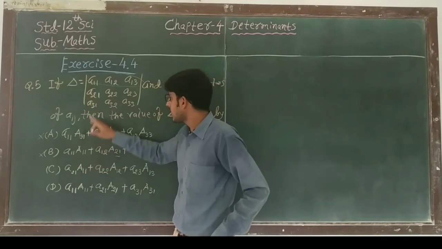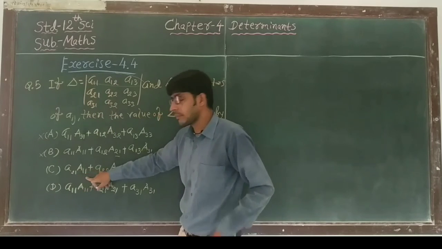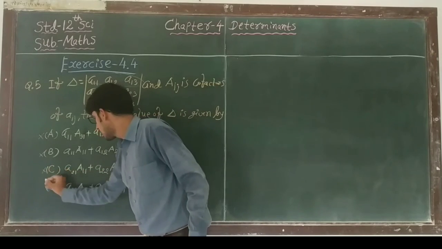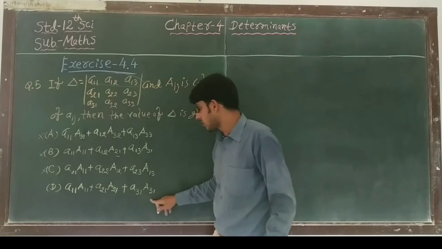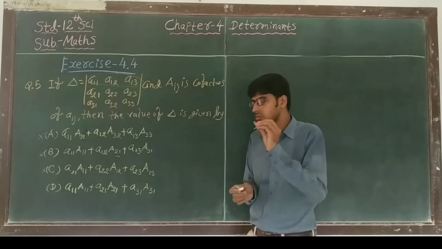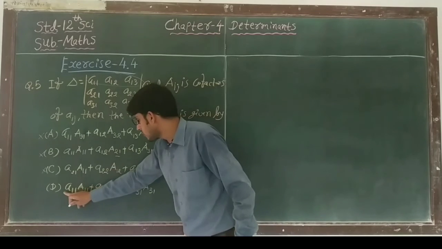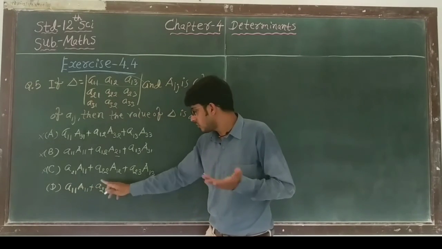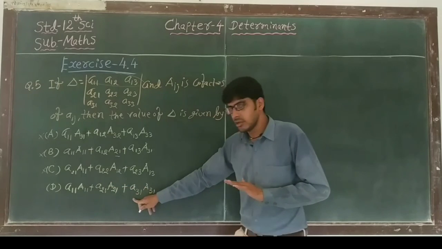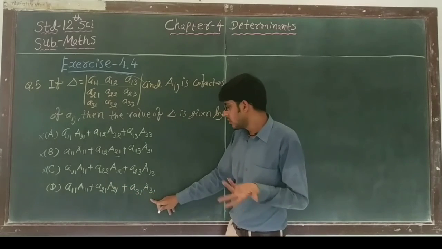Next, suppose we write A21 with capital A11. Is it also not true? A11, A21, capital A22, A31. So we have to write the respective elements. Suppose we write the first element with its cofactor, the second element with its cofactor, the third element with its cofactor.